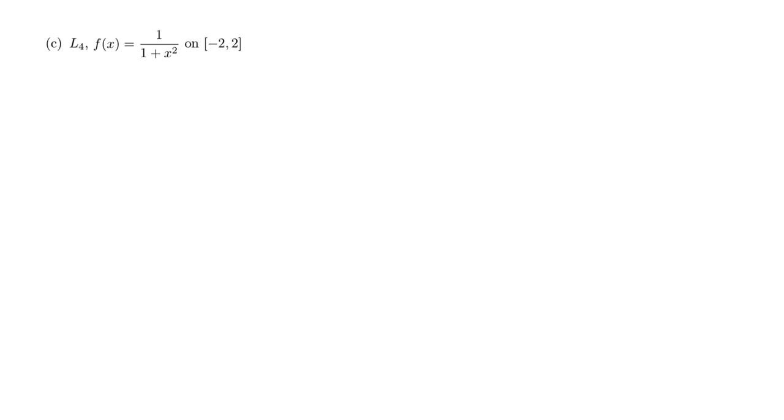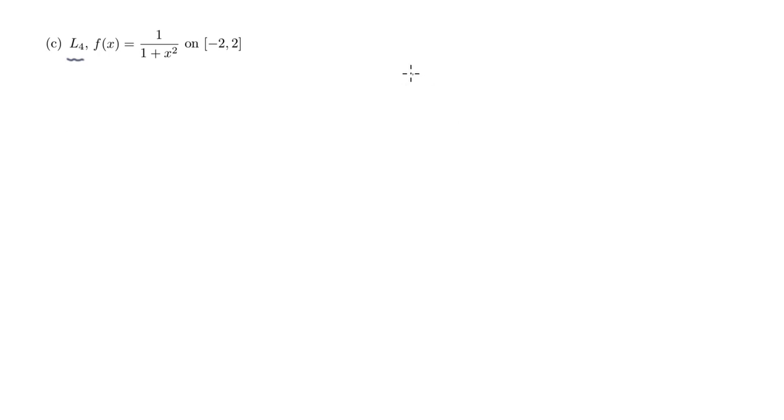All right, so let's look at one more example. In this function, we want to approximate the area bounded between the graph of the function and the x-axis between -2 and 2. And we're going to use L4, which means use 4 equally spaced rectangles and evaluate the height at the left endpoint.